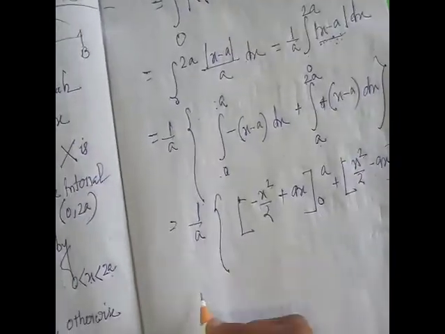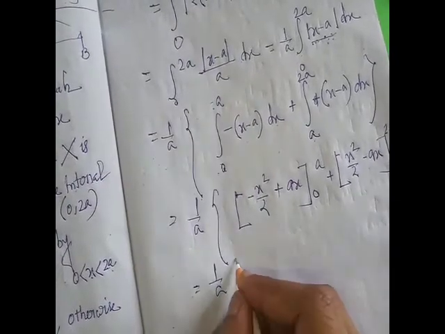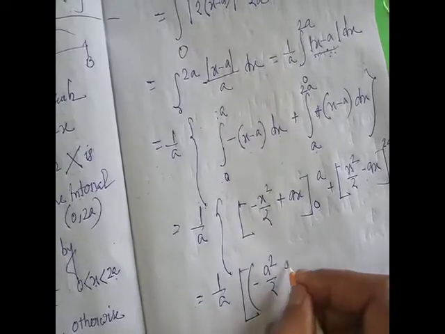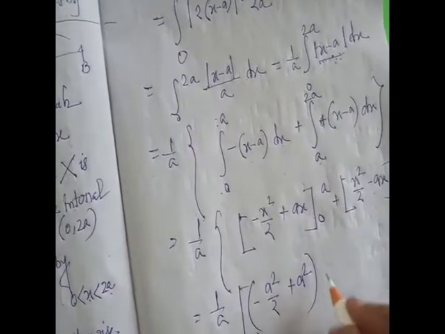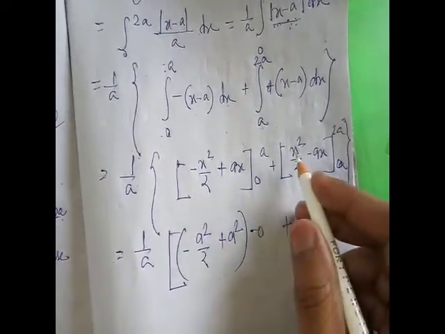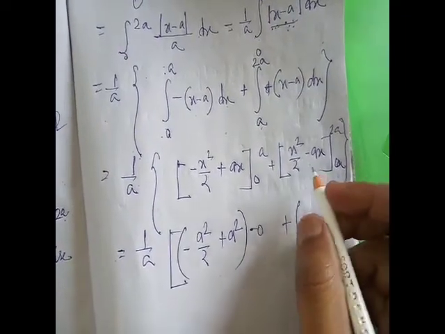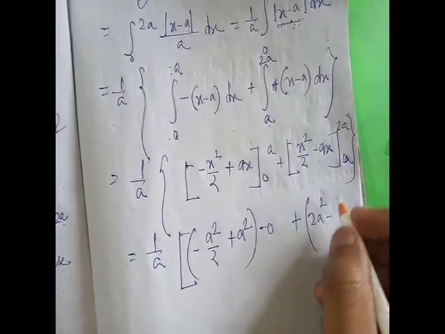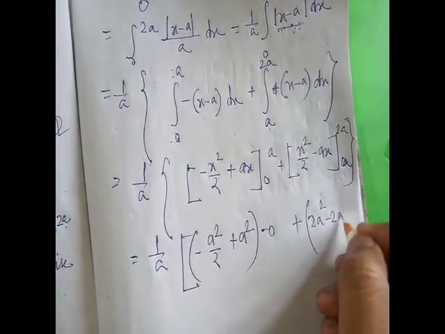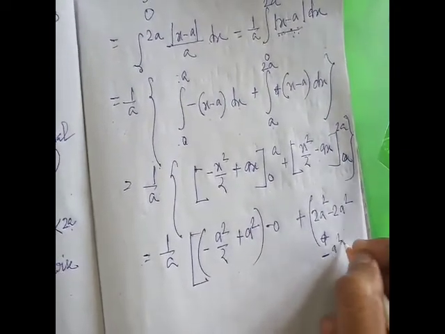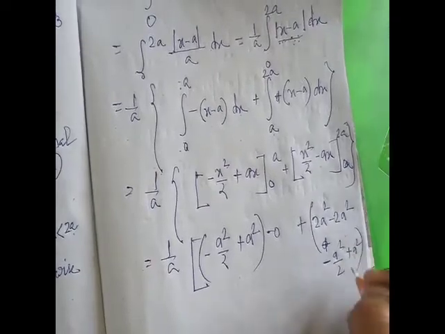This gives a square by 2 plus a square minus 0, plus 2a square minus 2a square, minus a square by 2 plus a square.